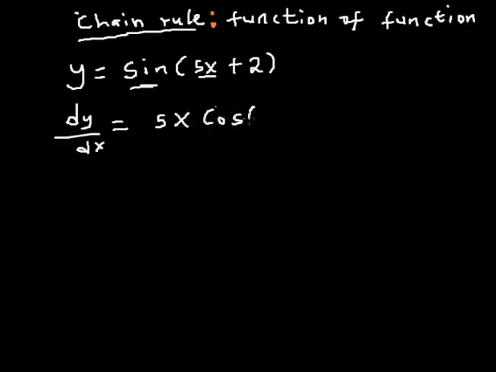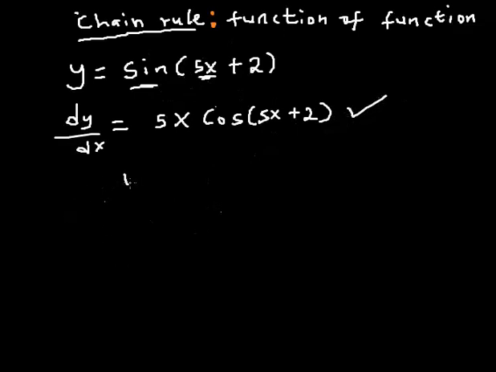In this case I'm taking 5x plus 2 to be just x. Of course, when I find the derivative of sine x, I will have cos x, if that actually makes sense.